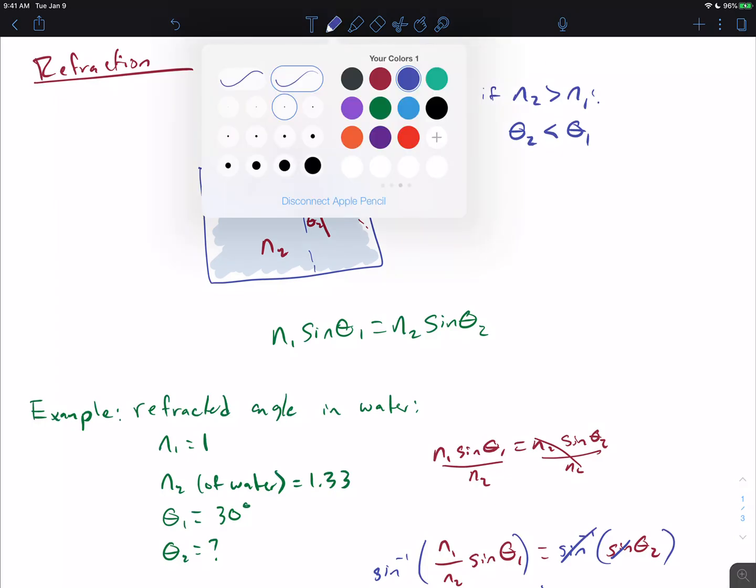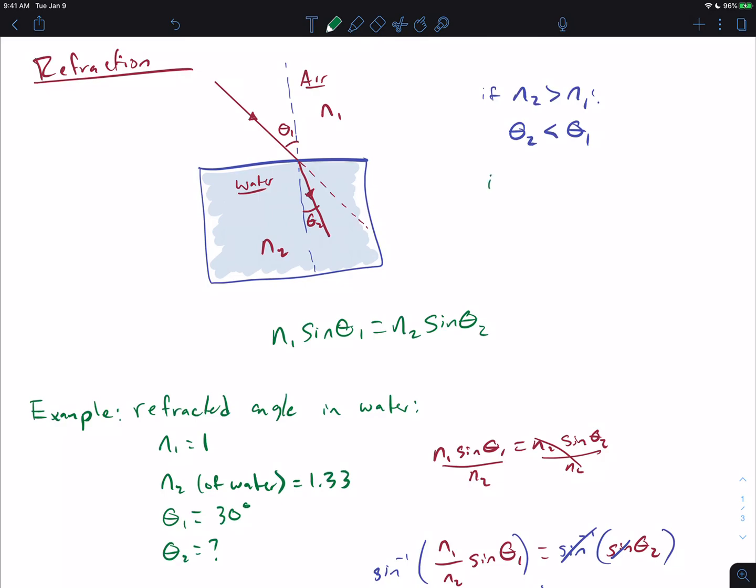Okay, if on the other hand N1 is greater than N2, so I'm going from a higher density material to a lower density material, in this case my theta 1 is going to be smaller than my theta 2.